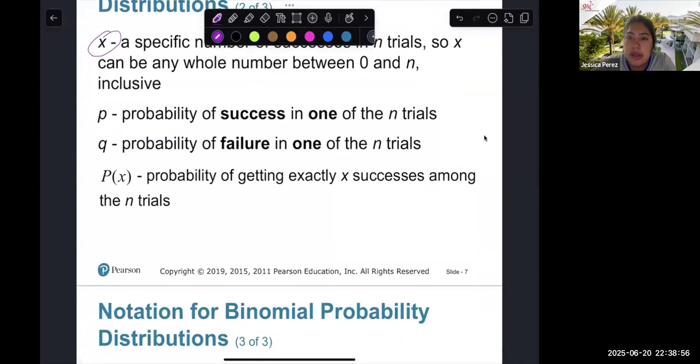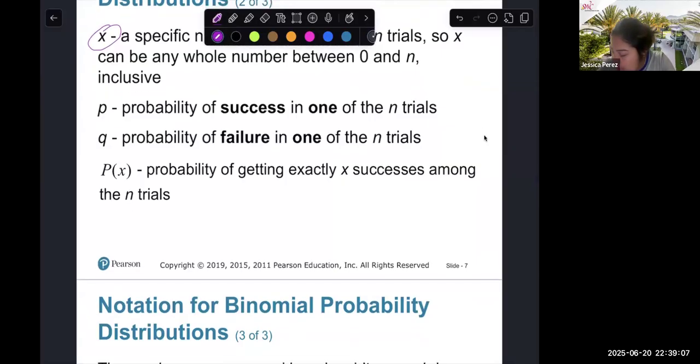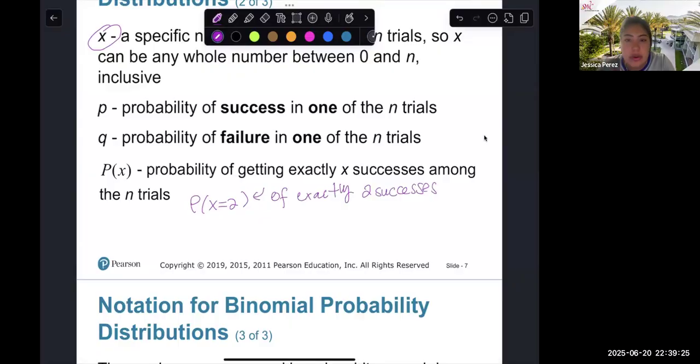Q is the probability of failure in one of the N trials. And P(X) is the probability of getting exactly X successes among N trials. Most of the time, if I want the probability of getting exactly 2 successes among N trials, it's going to look like P(X = 2).